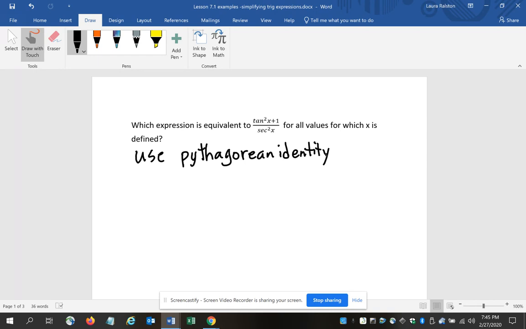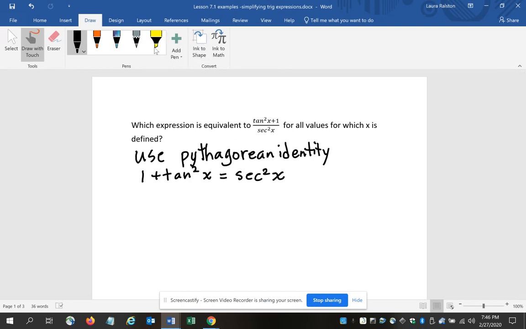The second one is a connection between secant and tangent. And then finally, the third one is a relationship between cotangent and cosecant. If you keep that in mind when you're working through these problems, that will help you out. The identity that we're going to use is 1 plus tangent squared x equals secant squared x.